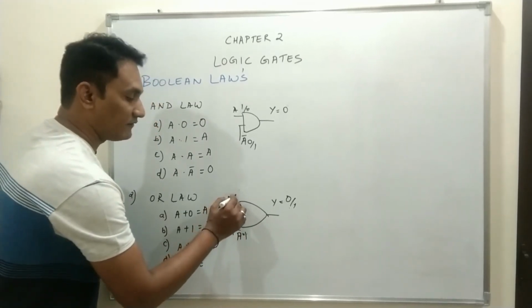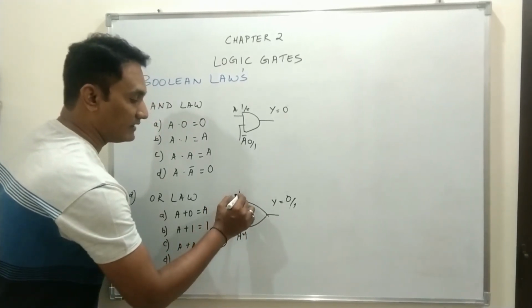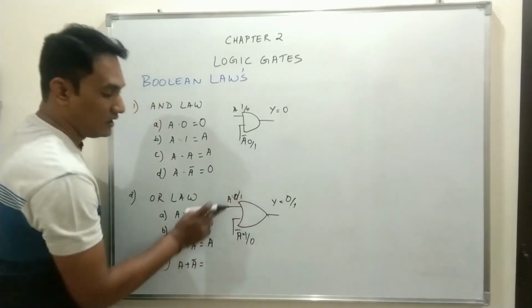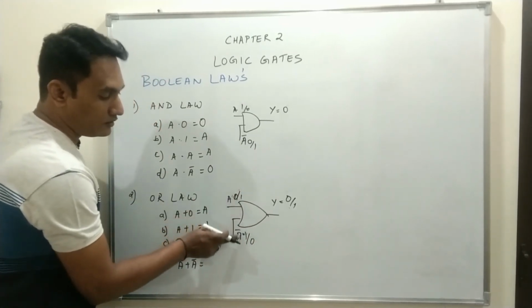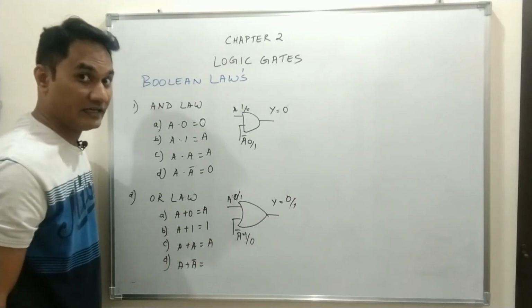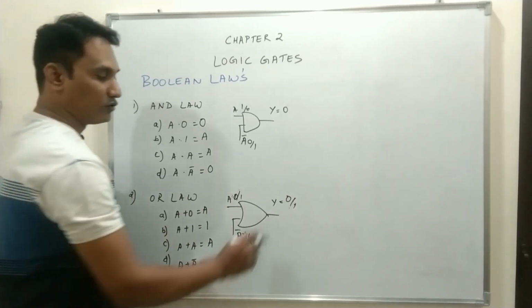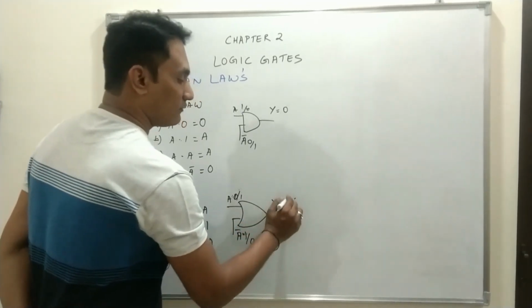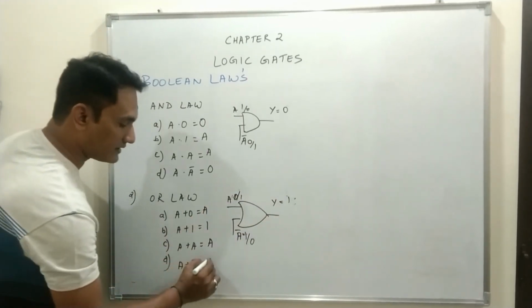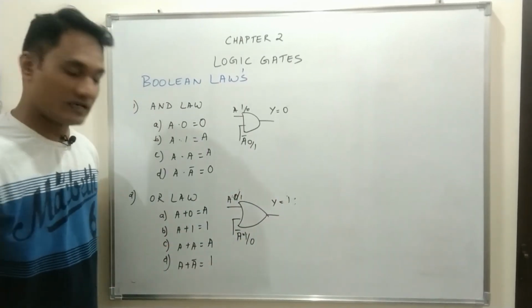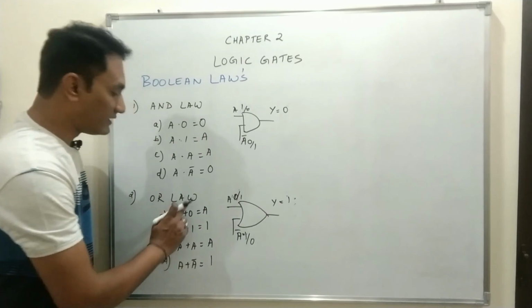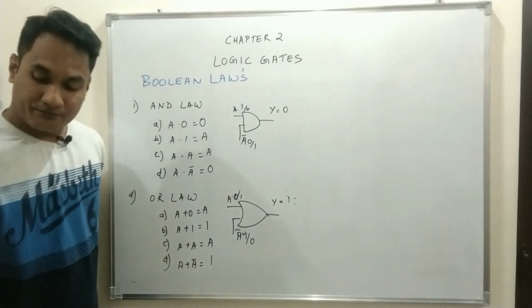See, if A is 0, A bar will be 1, and if A is 1, A bar will be 0. In both the cases, at least one input is 1, and if any one of the inputs is 1, the output will be 1 always for an OR logic. So A plus A bar will be 1. So these are the 4 laws under the heading of OR law.